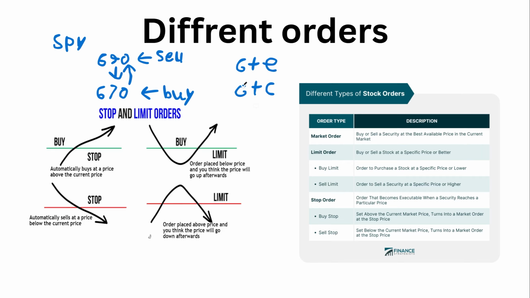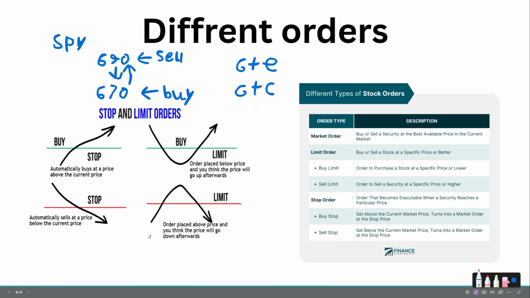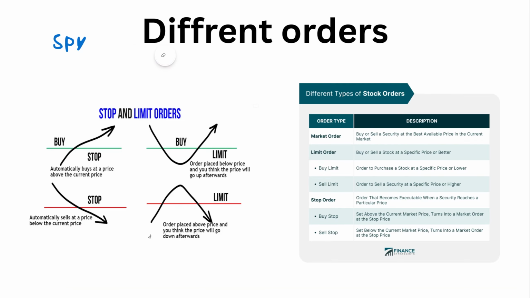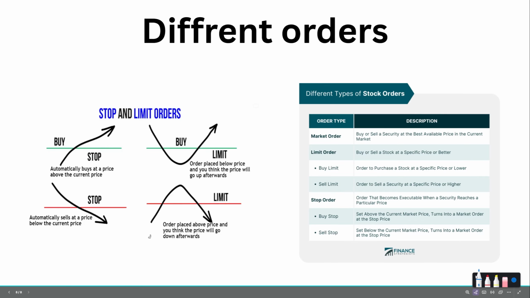So it could expire at the end of the week. You can set it to expire at the end of the week, at the end of the month, or in like 14 days. It really just is up to you. And that is limit orders, with a buy limit and a sell limit.